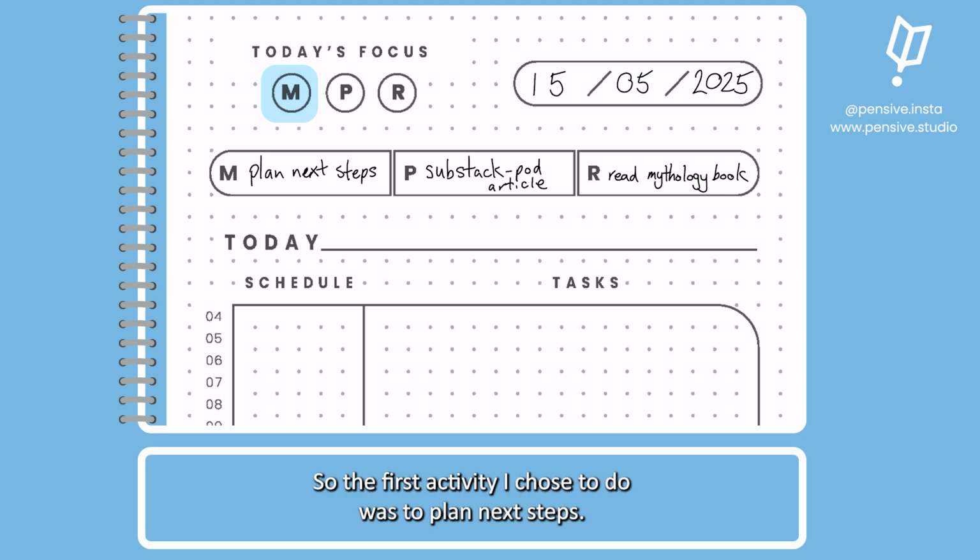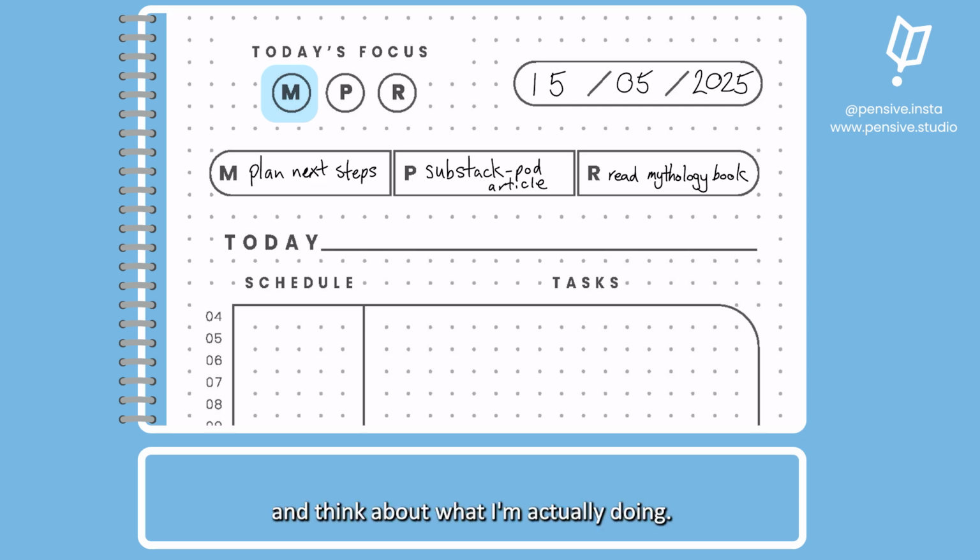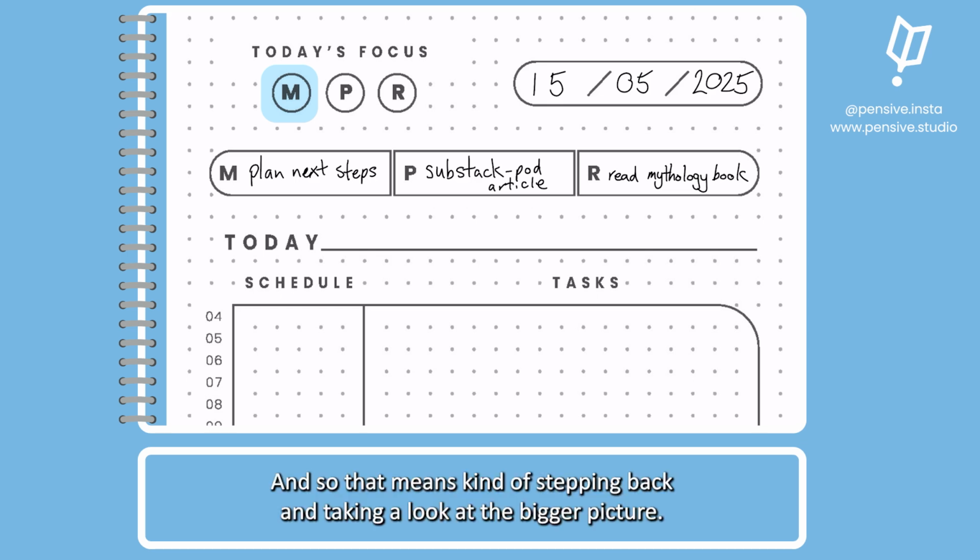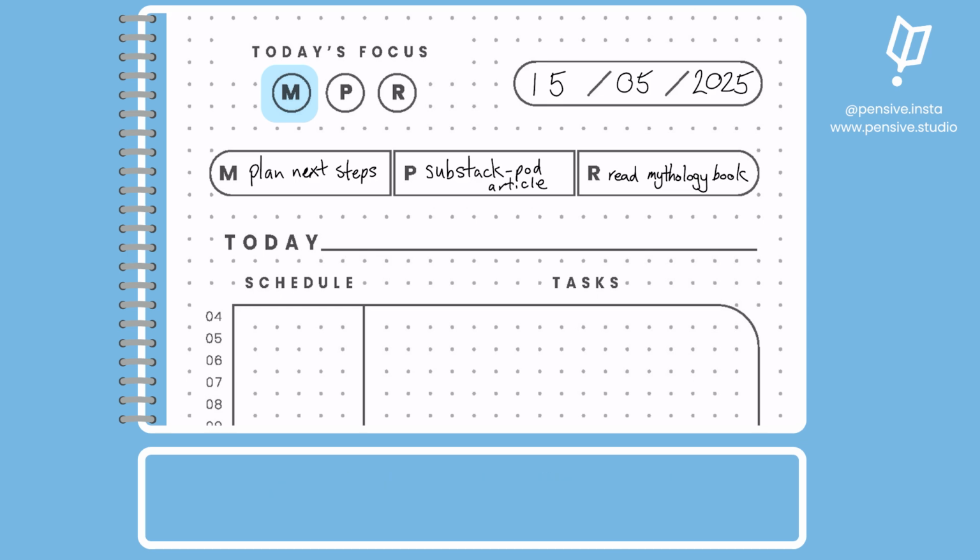So the first activity I chose to do was to plan next steps, and this basically means for my business, I'm at a point where I feel like I'm always starting and restarting. So I like to take time to stop and think about what I'm actually doing. That means stepping back and taking a look at the bigger picture.